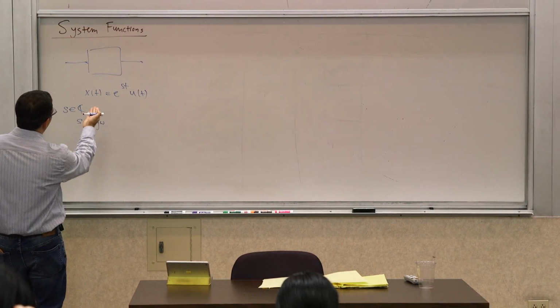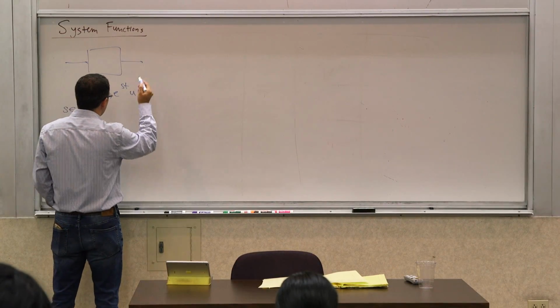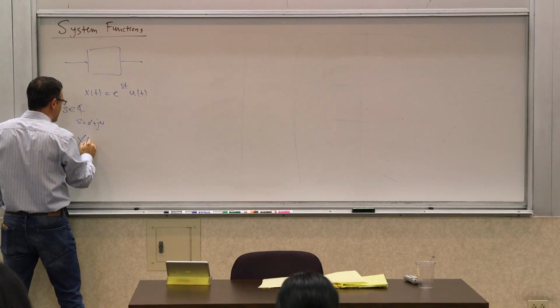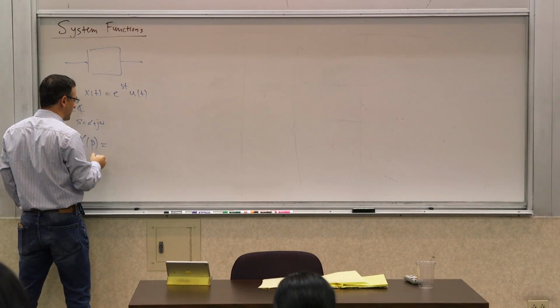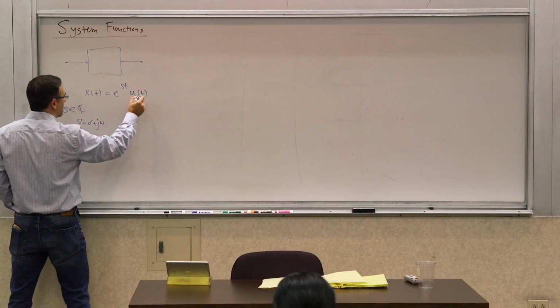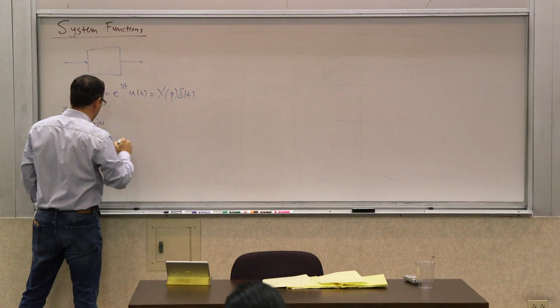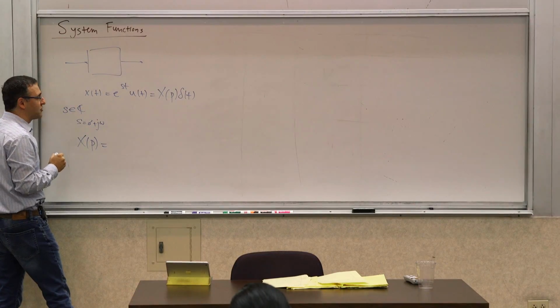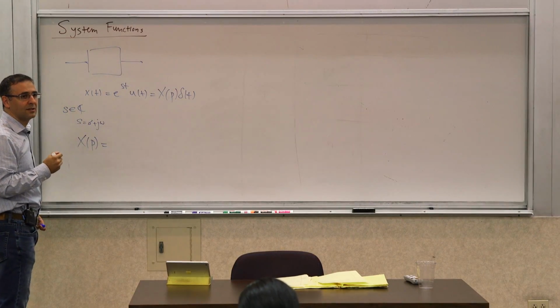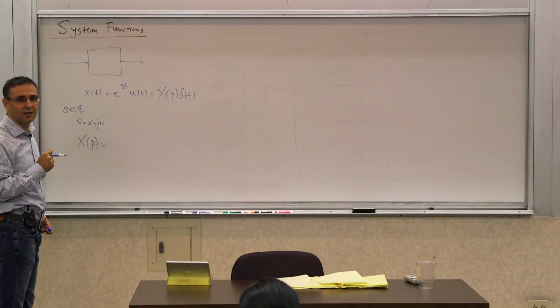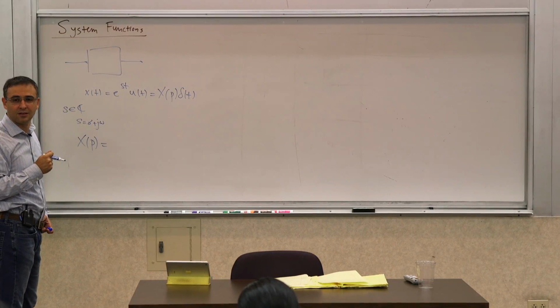So if I hit a system with that, if I use the methodology that I had, how can I express x of p? What is the x of p associated with this? Or I can write this as x of p operating on delta of t. What is that x of p that generates this off of a delta of t? We already know the answer to this, right? It was part of our catalog.